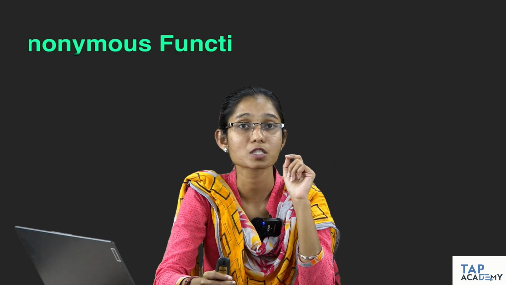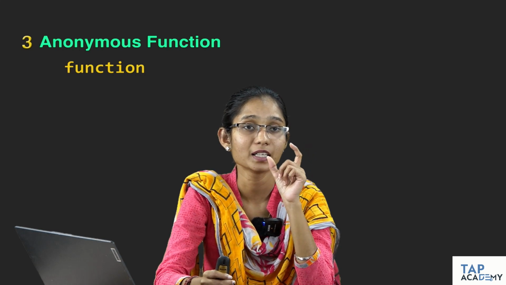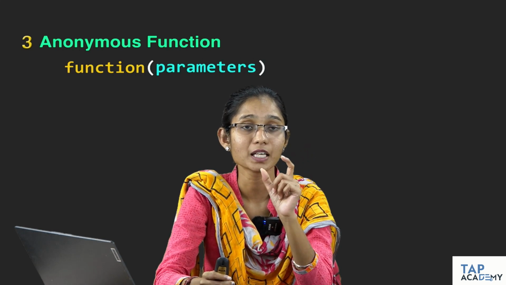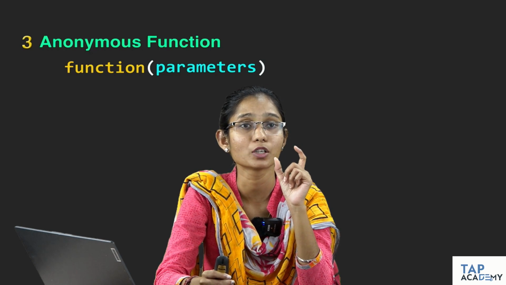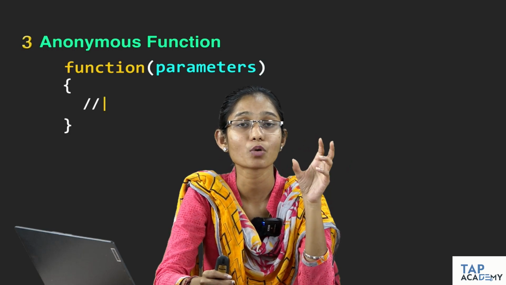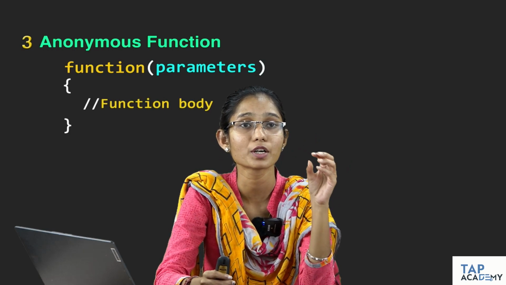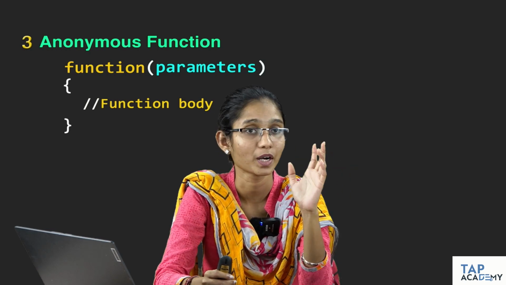So let us see how that particular anonymous function will be created. You can see directly we are writing the function keyword here. After the function keyword, we will be providing the parameters, and inside that, whatever the function body is, we have to provide it.